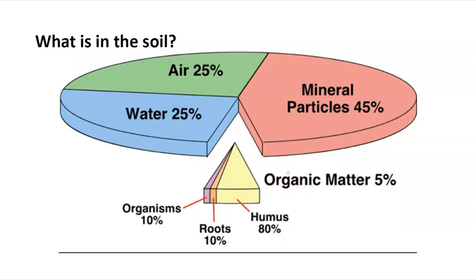So of that 5% organic matter, we've talked about humus before. Approximately, right? Nothing's perfect, but these are the approximate proportions. 80% of that is humus, 10% roots, 10% organisms.